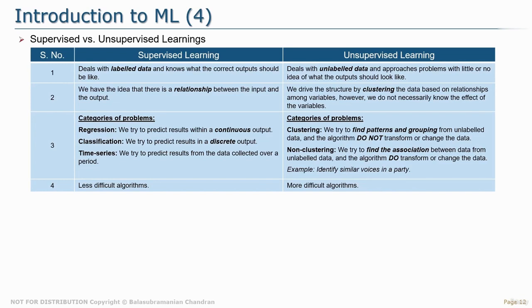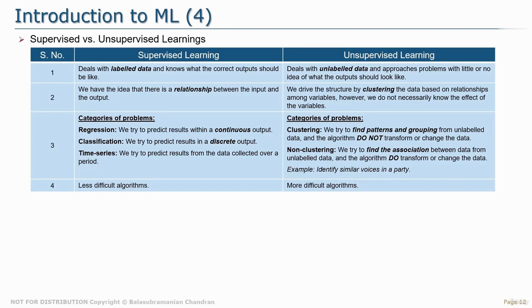In supervised learning, we have the idea that there is a relationship between the input and the output. In unsupervised learning, we derive the structure by clustering the data based on relationship among variables. However, we do not necessarily know the effect of the variables.